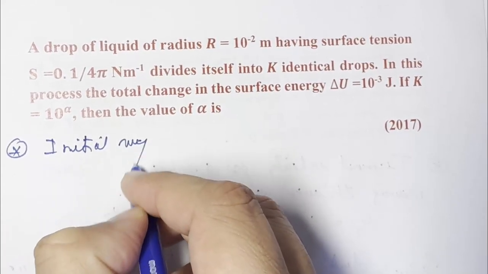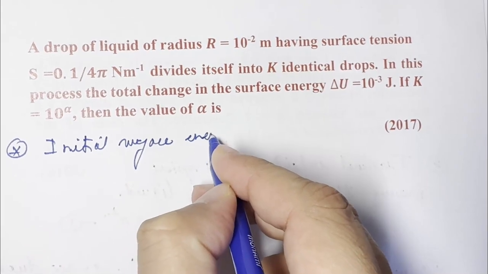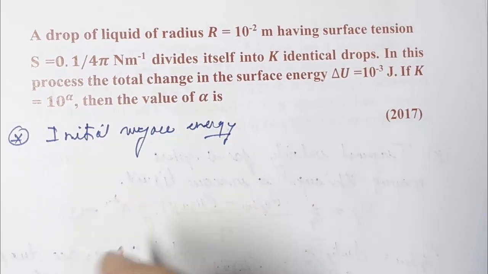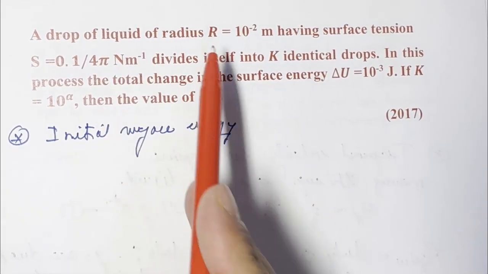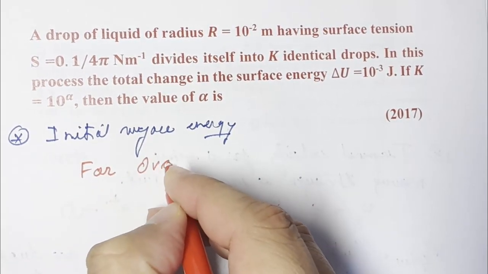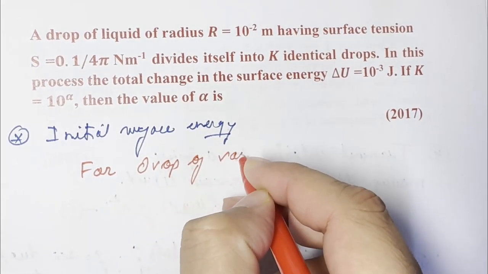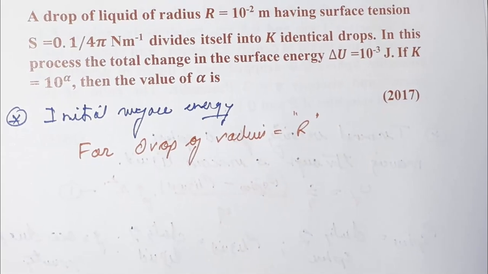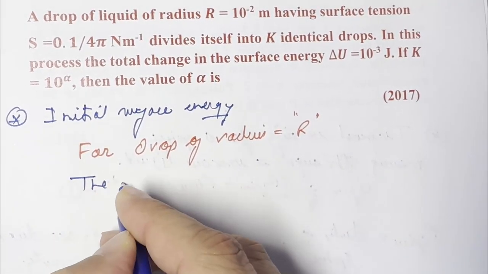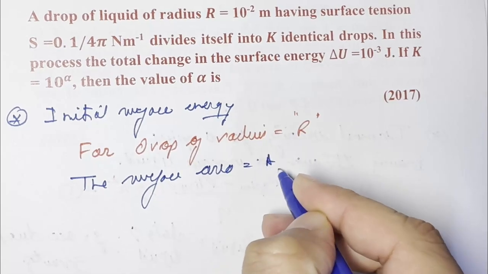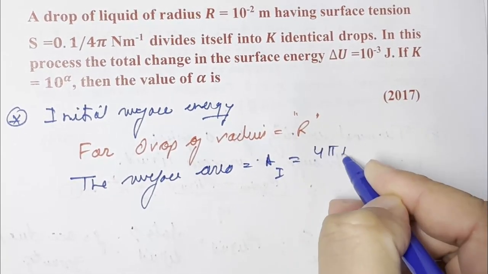For the drop of radius R, its surface area, or rather we can say the initial surface area, let us call it A I, will be equal to 4 pi R square.